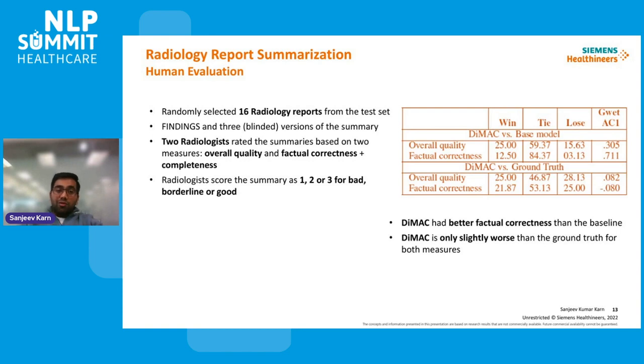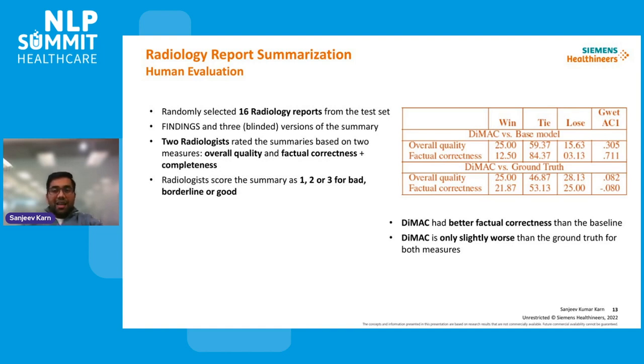We asked those two radiologists to rate these based on two measures. One is overall quality, another is factual correctness and completeness. For factual correctness and completeness, we asked them not only to assess whether the core diagnosis or findings were recognized, but also to check if there are any adjectives in the findings, and whether the model manages to compile those or not.